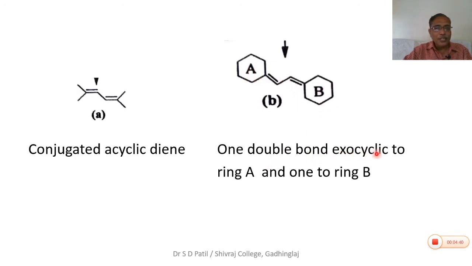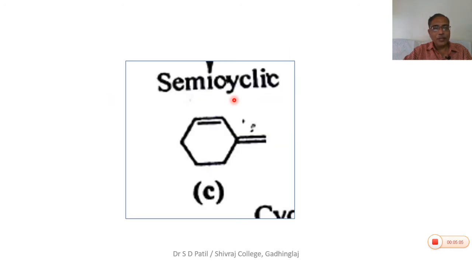One double bond is exocyclic to ring A and one bond is exocyclic to ring B. Means it is an acyclic diene having two exocyclic double bonds to two rings A and B. So this is structure B.